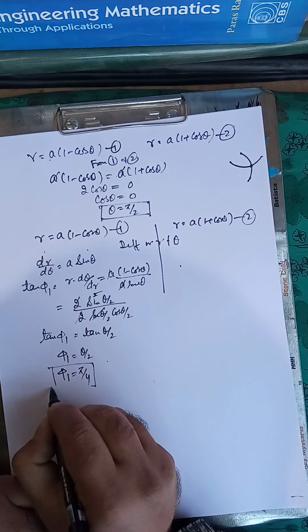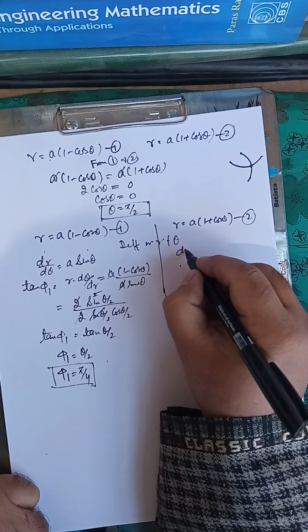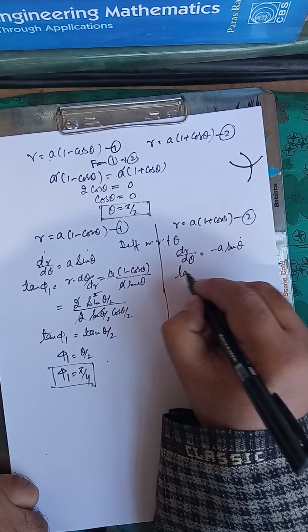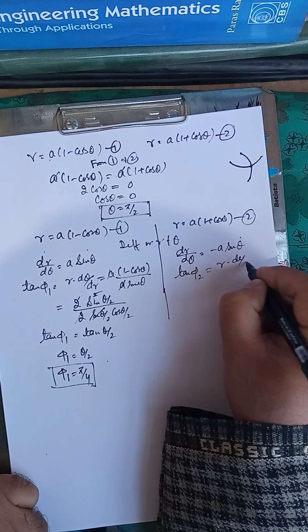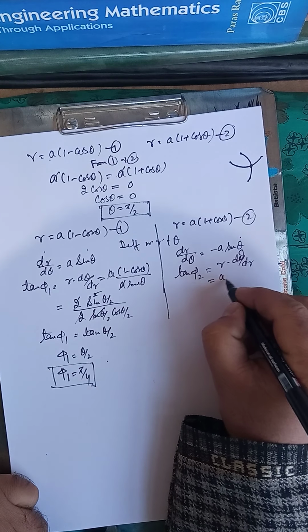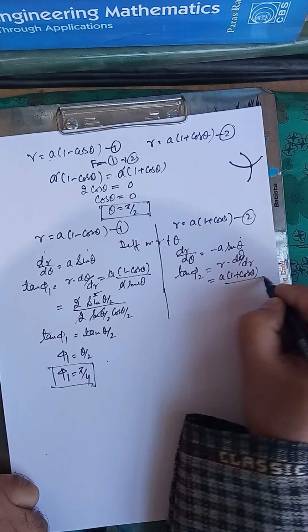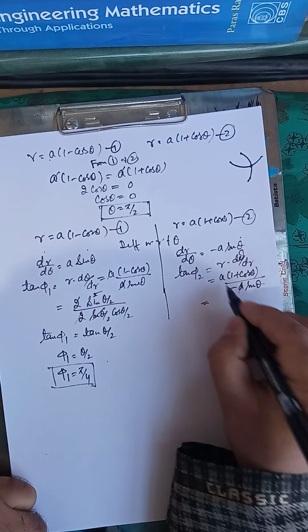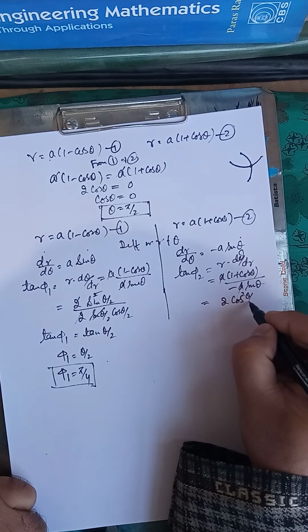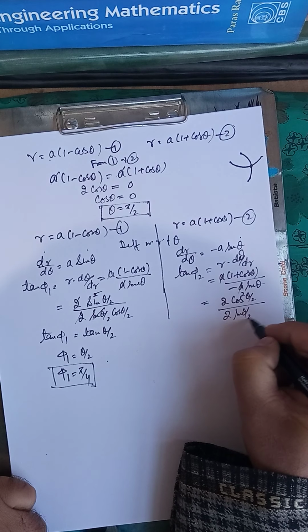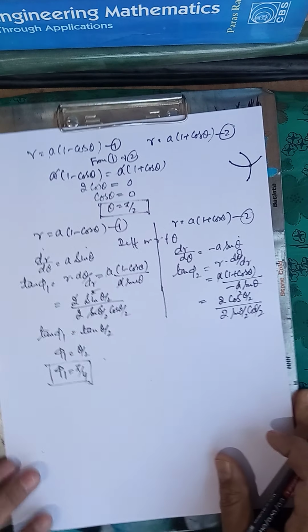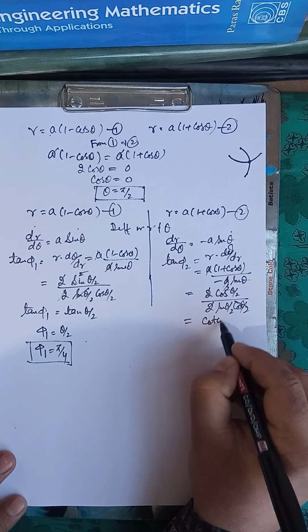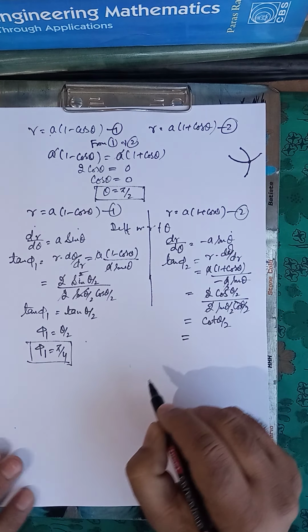This is one thing. Now let me find dr by d theta for the second curve. Dr by d theta is minus a sine theta. Tan phi 2 is r d theta by dr, which is a(1 plus cos theta) upon minus a sine theta. Now 1 plus cos theta is twice cos square theta by 2, and sine theta is twice sine theta by 2 cos theta by 2. So this is cot theta by 2. But what is cot in terms of tan?